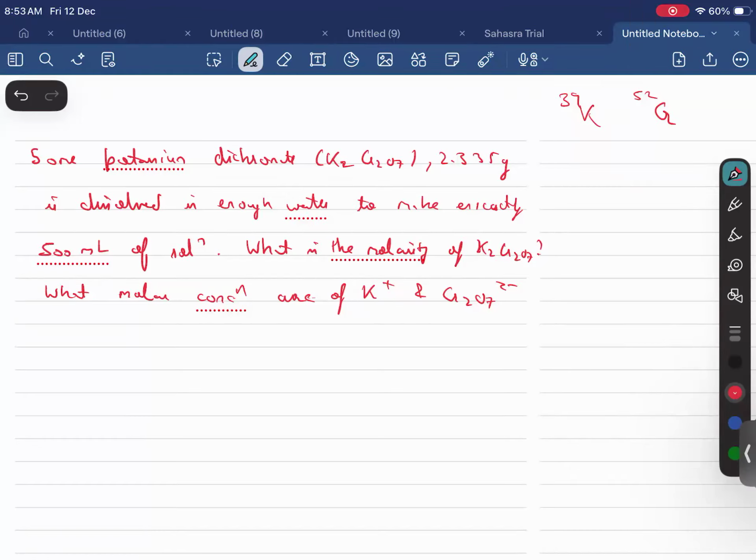Sir, 2 into 10 power minus 5, sir, molarity. Okay, I am not calculating it as such. I will just be asking you, what is the molar mass you have taken here? 292, sir. Okay, so you divided by this. This is the number of moles you got.